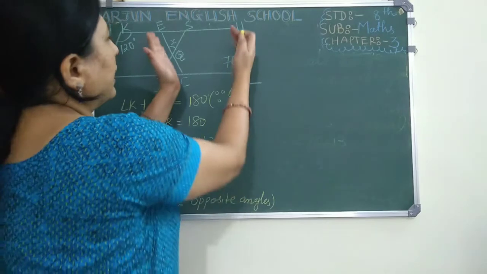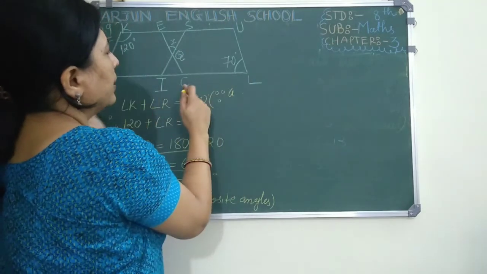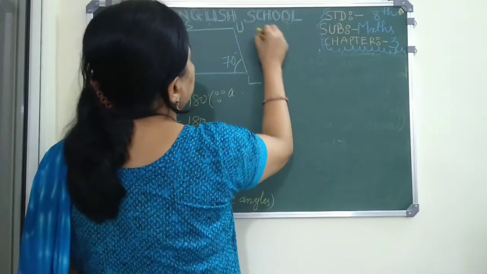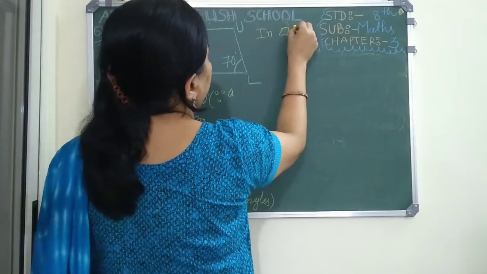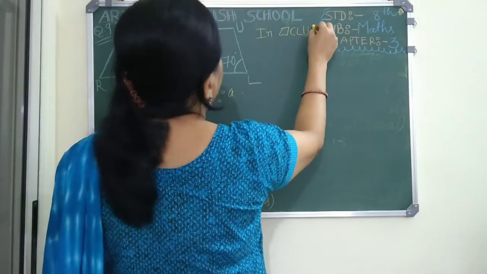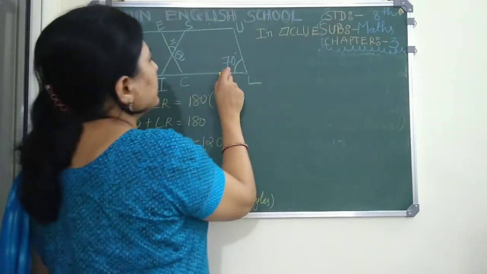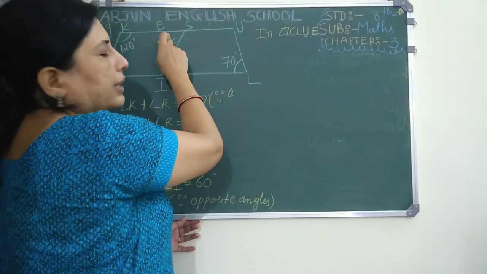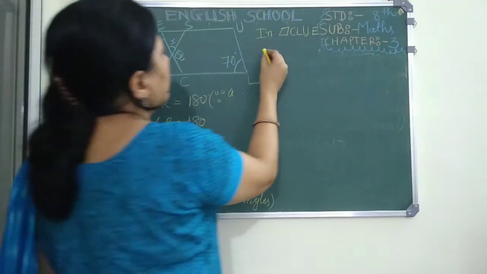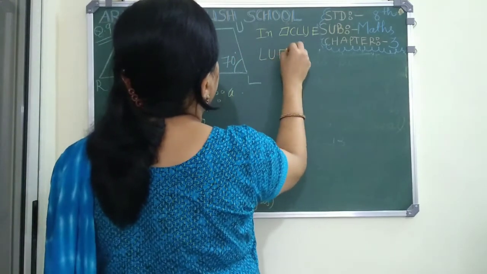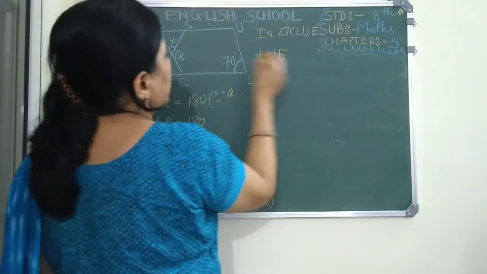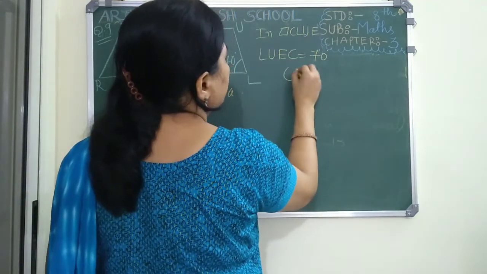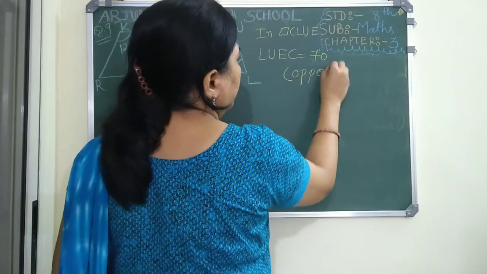Now let us take this parallelogram CLUE. In parallelogram CLUE, we can see that this angle is 70. Then this angle is also 70. So angle UEC is equal to 70 because of opposite angles.